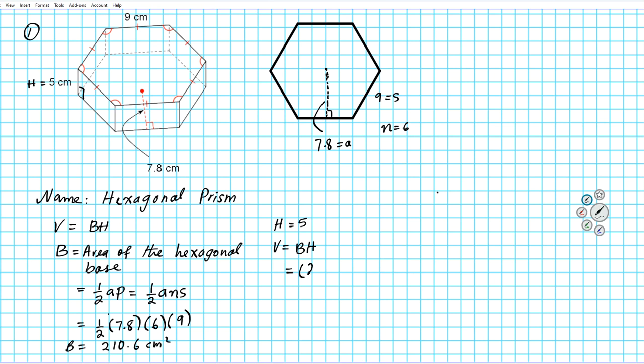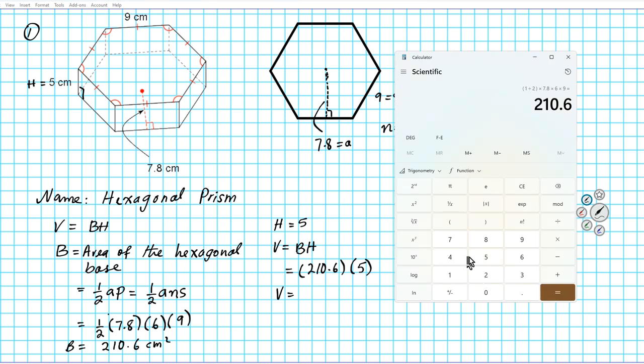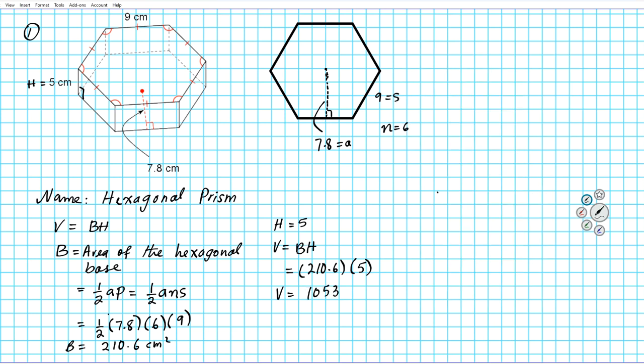So we just multiply them together, 210.6 times 5, and that will generate the volume of our hexagonal prism. 1053 cubic centimeters is our final answer. Let's go ahead and box that and move on to the next problem.